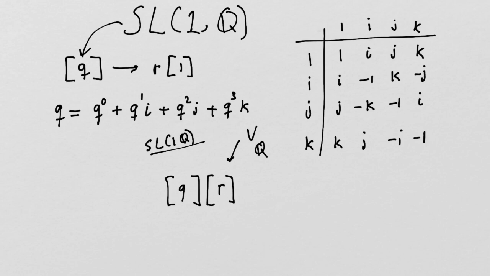Now clearly the identity for SL1Q is going to simply be the number 1 here, right? Where we have Q equals 1 plus 0i plus 0j plus 0k, which is equivalent to a complex number a plus ib, but b is 0, right?